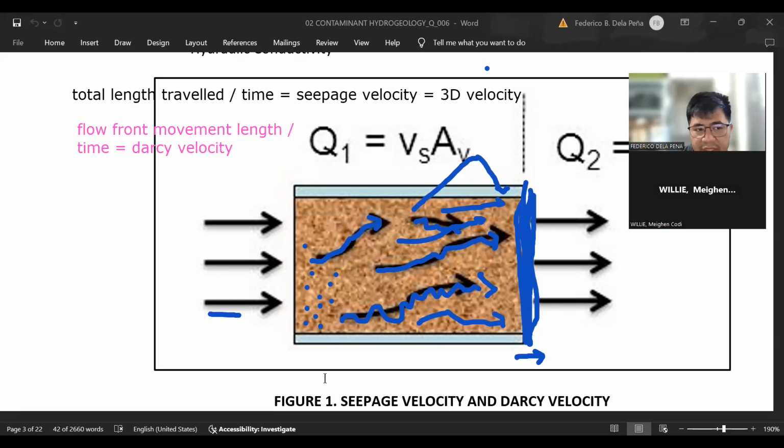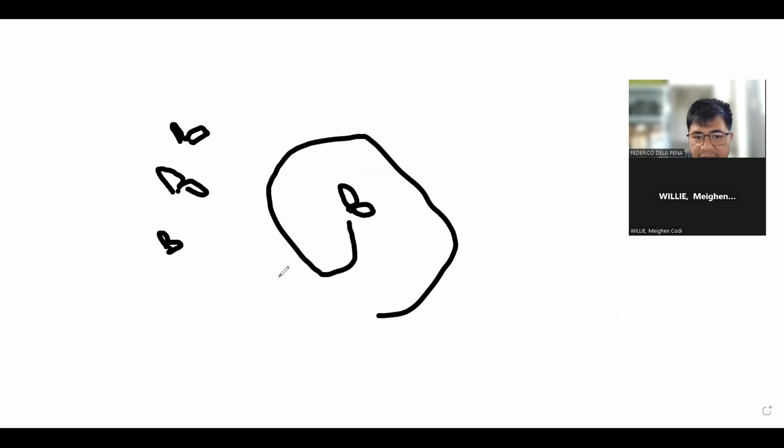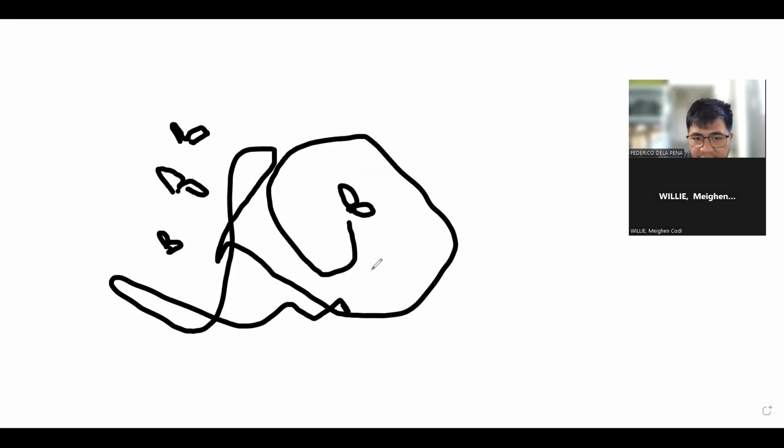My analogy for this concept is a group of flies. Each individual fly will move in an orbital direction. It can move in a very twisted direction.